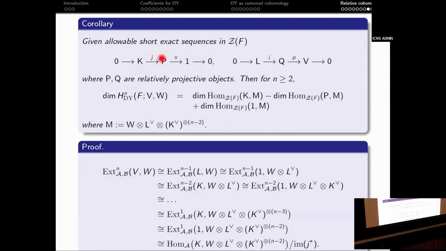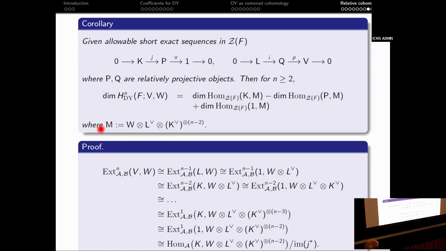So suppose we have such a surjection from a relatively projective here, and similarly here for our coefficient object. Then we can get the following dimension formula for Davydov-Yetter cohomology. It is the dimension of, well, these are objects in our Drinfeld center-like category, K and M. K is the kernel here.